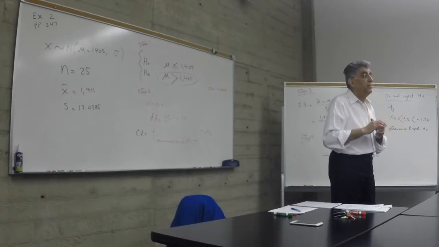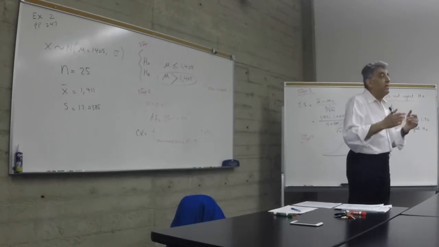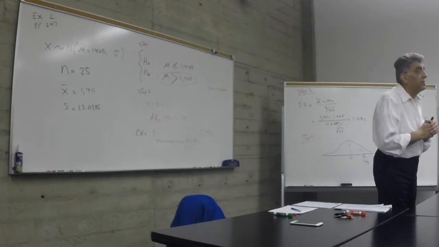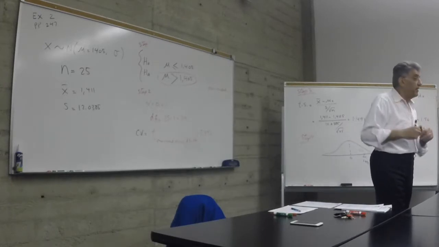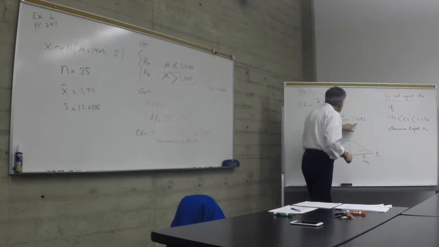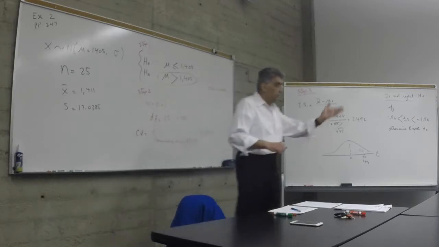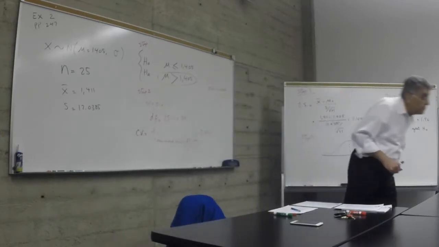So what is the next step? If this happens and you are the research analyst, what would you do after that? If the test statistic and critical value are the same, it's inconclusive.